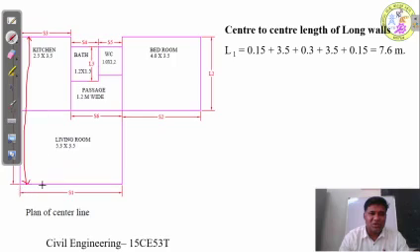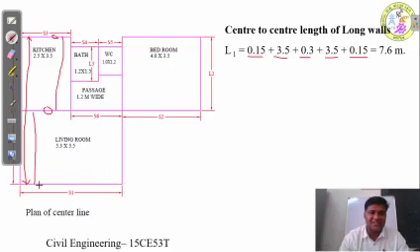See, this center line wall will be of width 0.15 meter, plus the room dimension from here to here is 3.5 meters, and here there is one more wall of width 0.3 meters, and again the distance from here to here, there is a kitchen, and the distance is 3.5 meters, and there is a center line of the wall, that is 0.15.